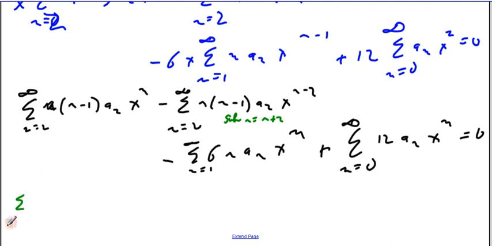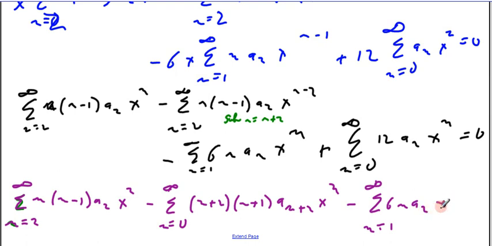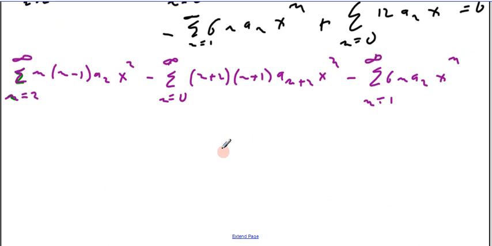Summation n equal 2 to infinity n minus 1 an x to the n, minus summation n equal 0 to infinity, because that used to be a 2, n plus 2, n plus 1, a n plus 2 x to the n, minus summation n equal 1 to infinity 6 n x to the n, plus summation n equals 0 to infinity 12 an x to the n is equal to 0.